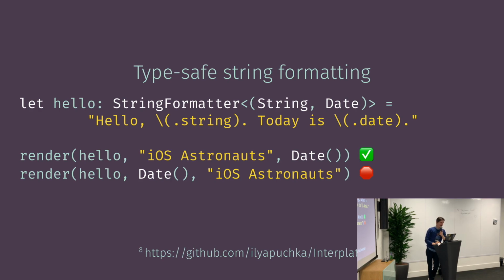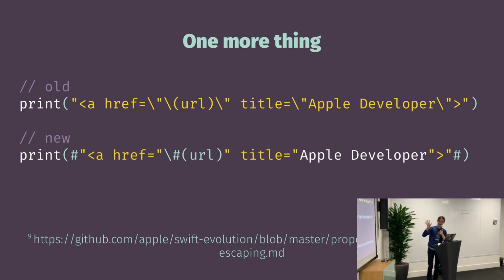And actually, there is one more thing. That's the last thing. It's not directly related to string interpolation, but it's related to strings. So before, in Swift 4, for example, if you write regular expressions, you can end up with a hell of escaping slashes, or like here, you have to escape your quotation marks.